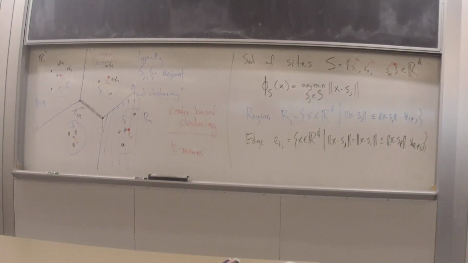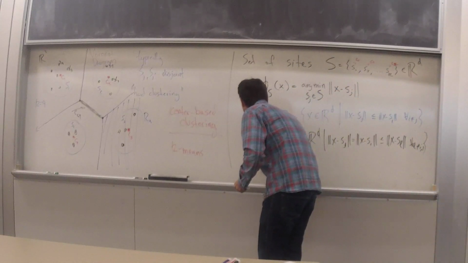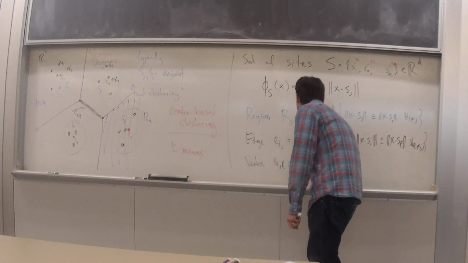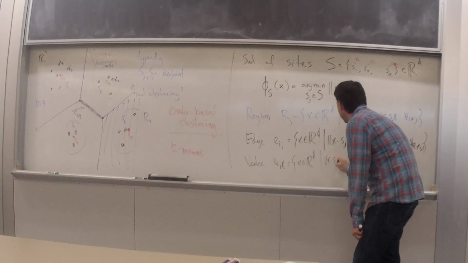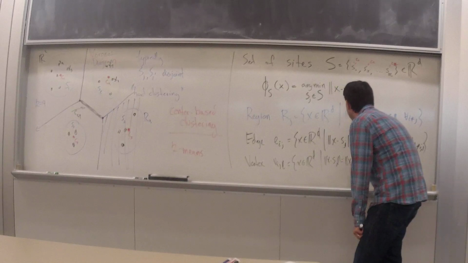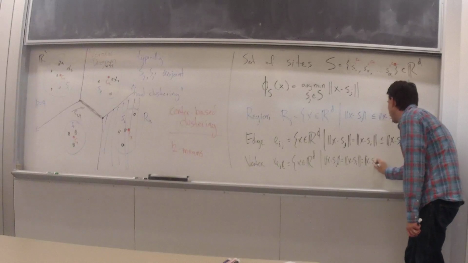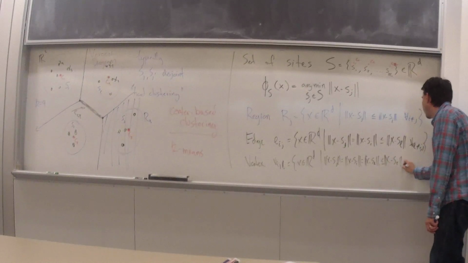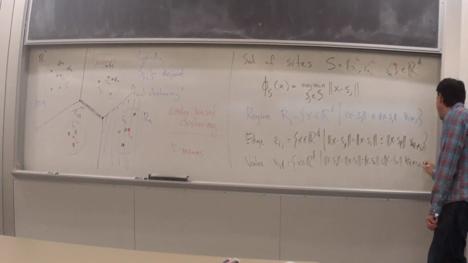And then basically a vertex happens. Then you also get this vertex, v_ijl, which is the set of x in R^d such that ||x - s_j|| = ||x - s_i|| = ||x - s_l||, and this is less than or equal to ||x - s_r|| for all r not equal to i, j, l.